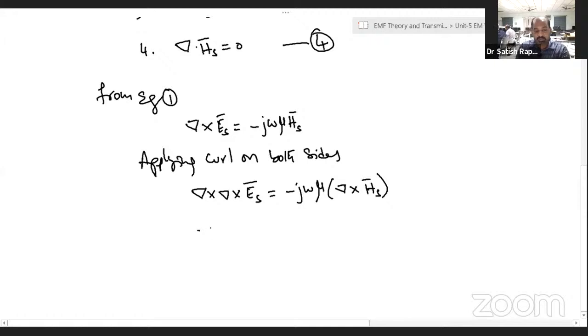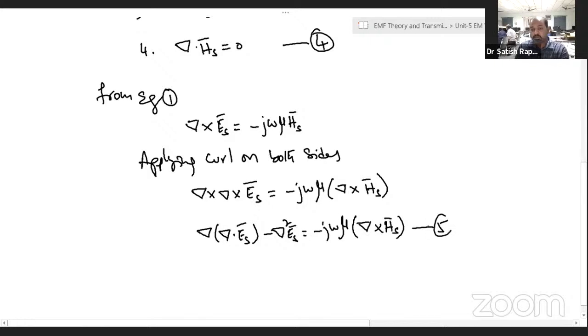Further, let us simplify: del of del dot Es bar minus del square Es bar is equal to minus j omega mu del cross Hs bar.